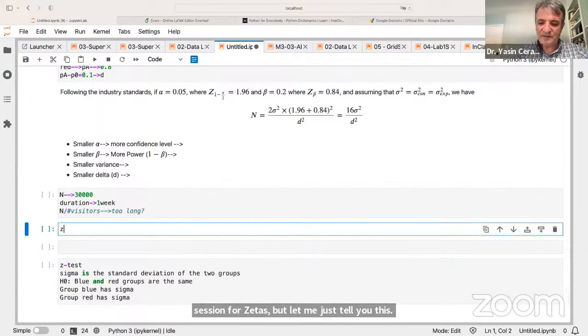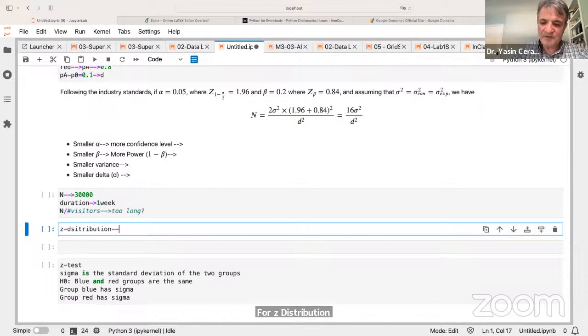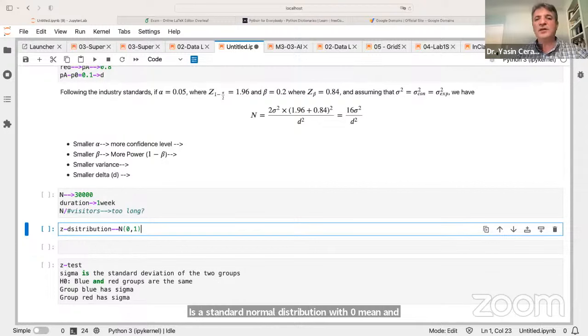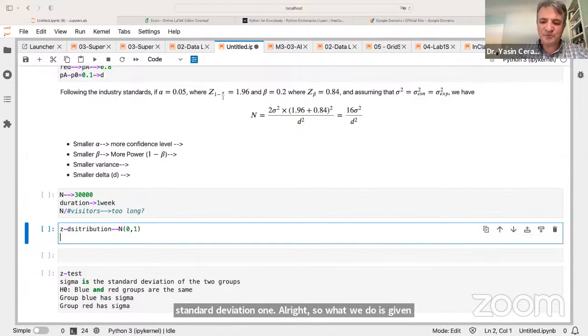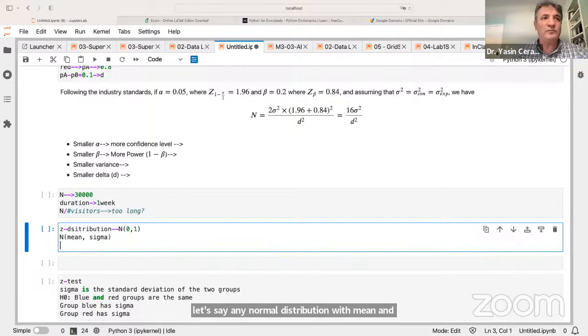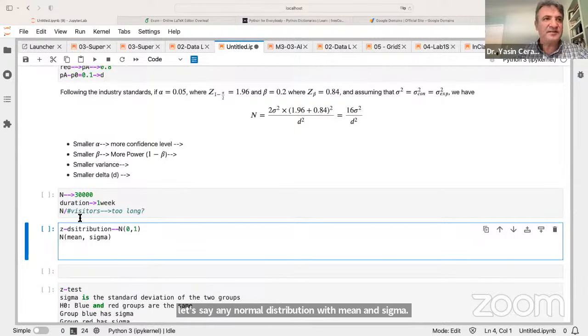For Z distribution is a standard normal distribution with 0 mean and standard deviation 1. Given any normal distribution, let's say x is a random variable distributed normally with some mean and sigma.